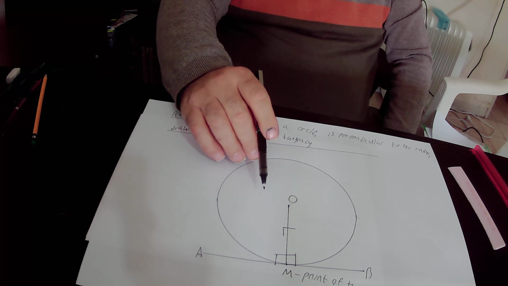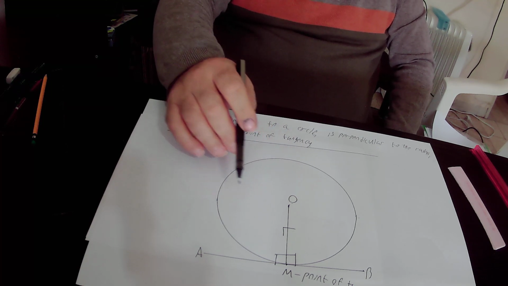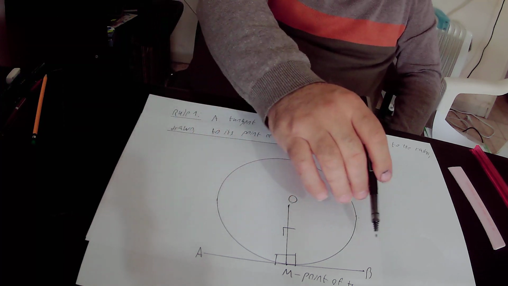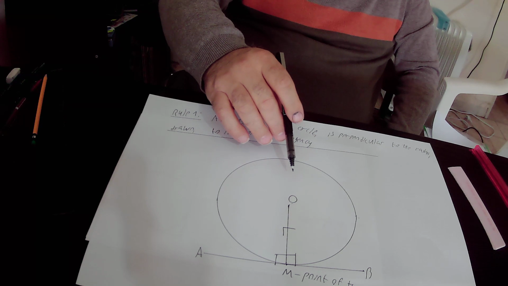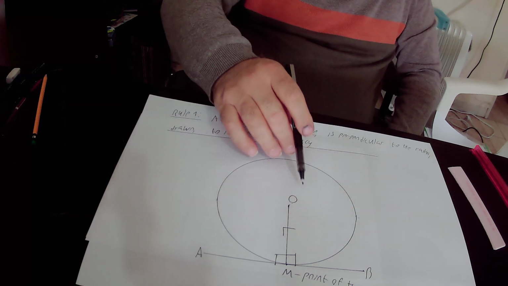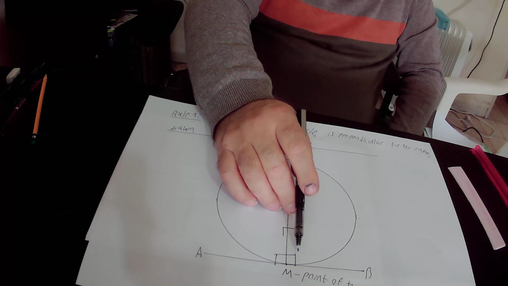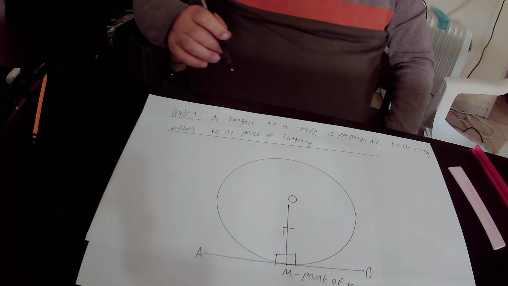So AB is perpendicular to MO, that is to say this angle equals 90 degrees, and this angle will be equal to 90 degrees according to rule number 1.